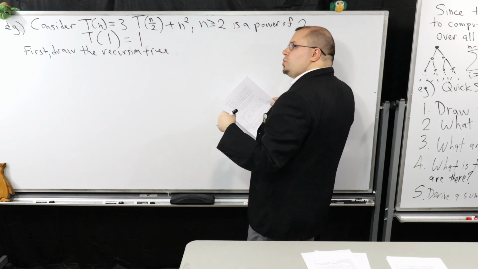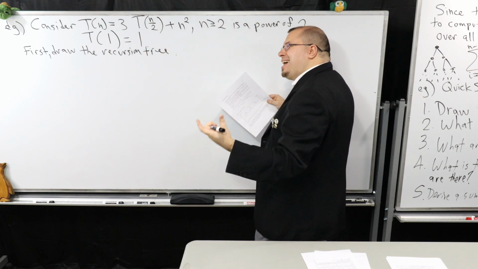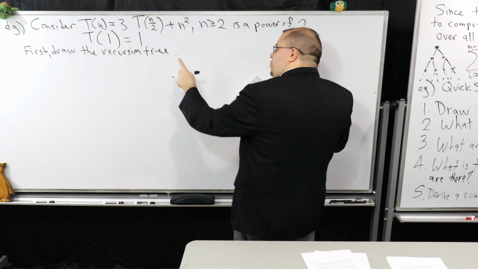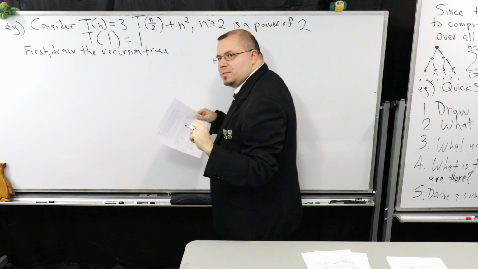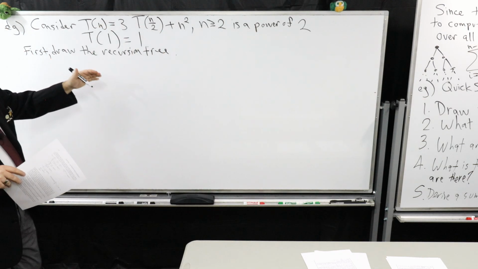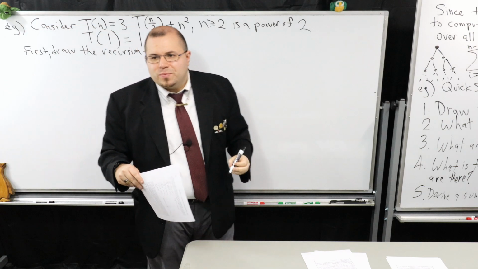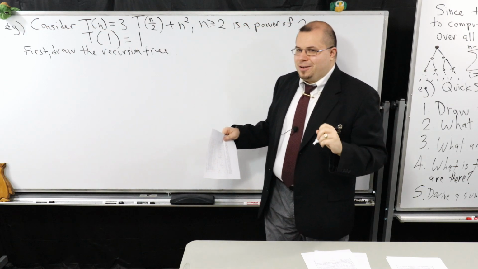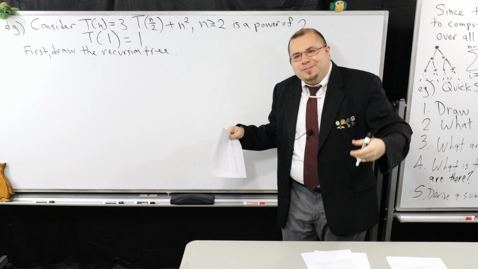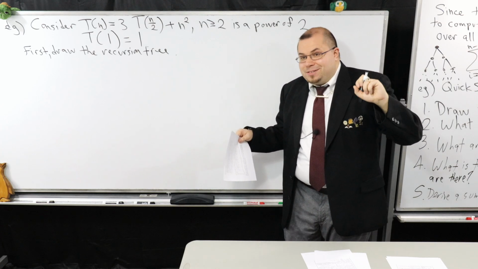How much non-recursive work happens when I call T of n at that given time before I invoke the recursive call? Can somebody tell me? What am I going to label as the root of this tree? Remember, last time I put a 1 there. That was because that was the non-recursive work that happens when I make that initial call to T of n.